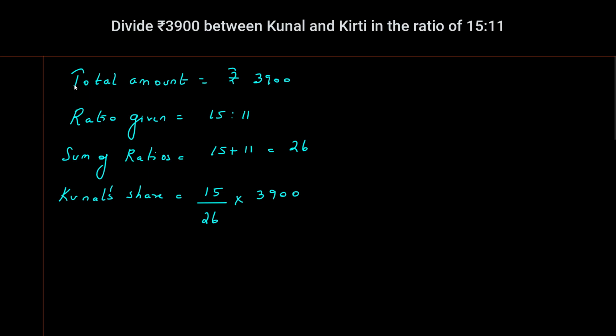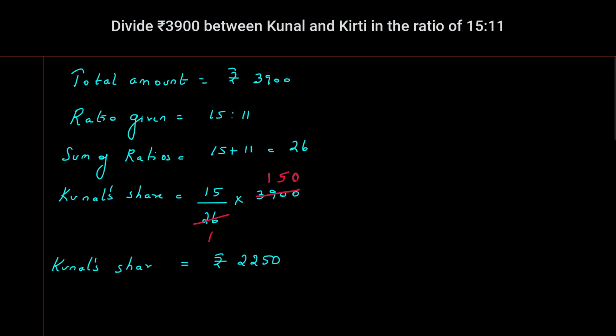Cancel this. 26 one time is 26, and the remainder we get is 130. 26 into 5 is 130, and we have 0 remaining. So what is 15 into 150? 15 into 150 is rupees 2250. So this is Kunal's share.